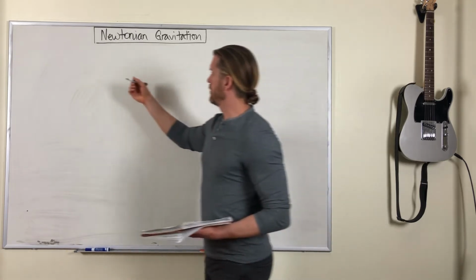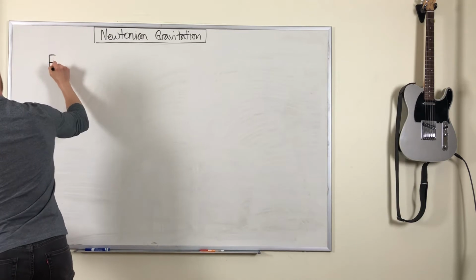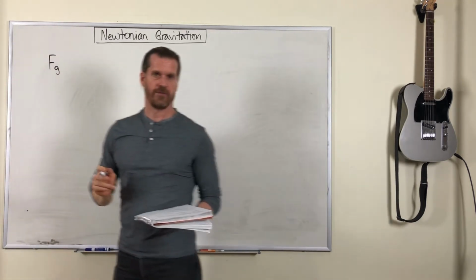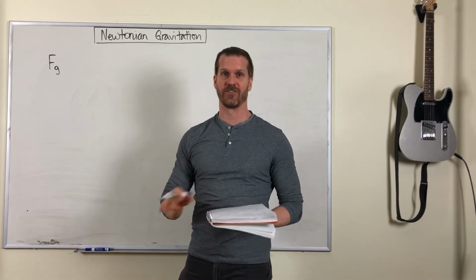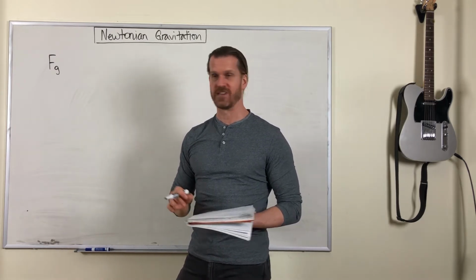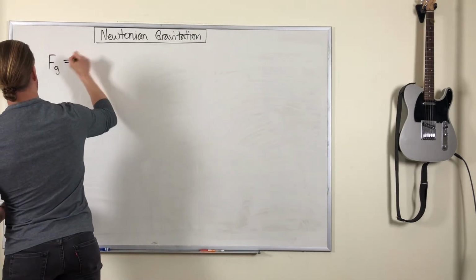Now, there's a formula for the magnitude of the gravitational force. This is the more general formula, not just F equals mg. This applies to all sorts of situations. So it looks like this.